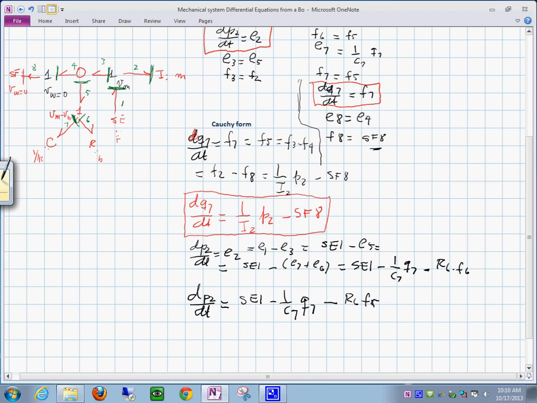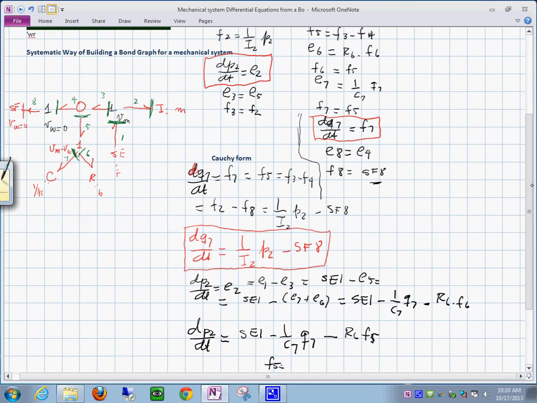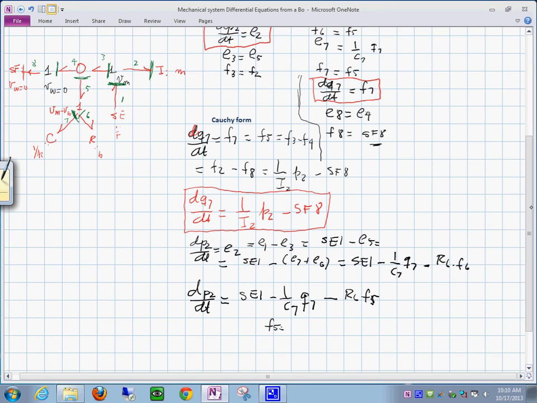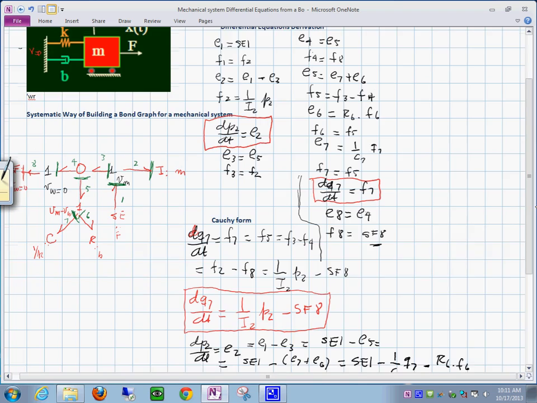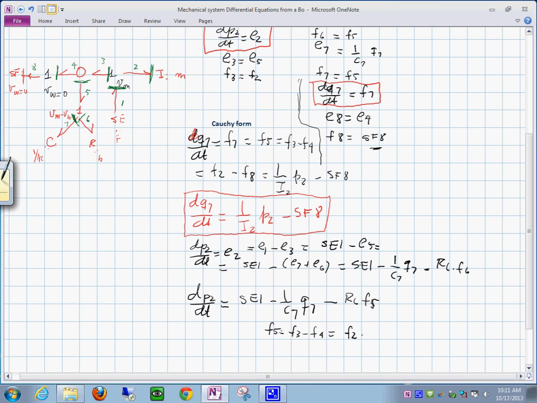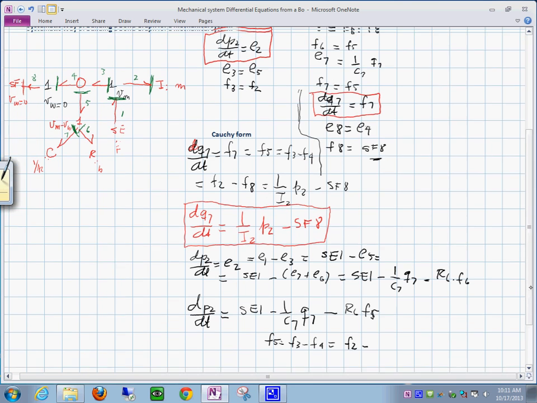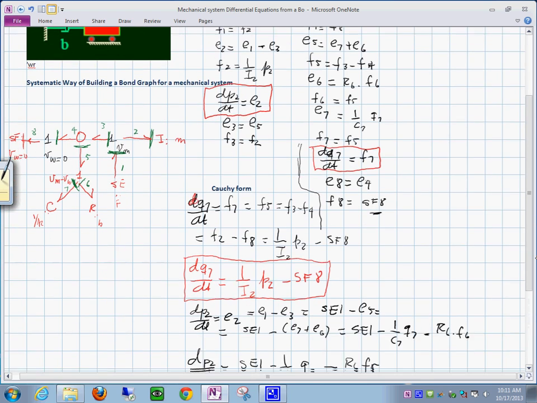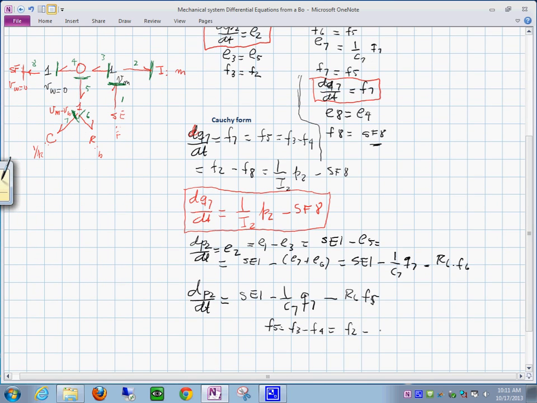Because we only need to replace this, let's just do it over here. What's f5 equal to? f3 minus f sub 4. And what is f3? f2. What is f sub 4? F8. And what's F sub 2?